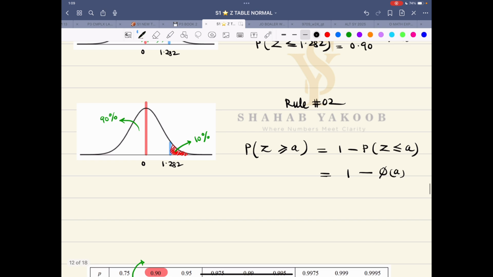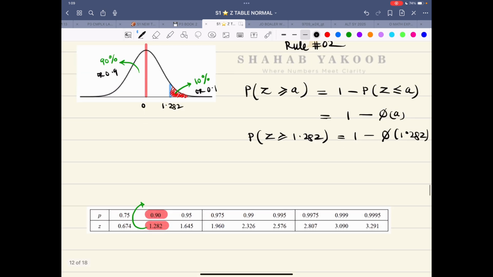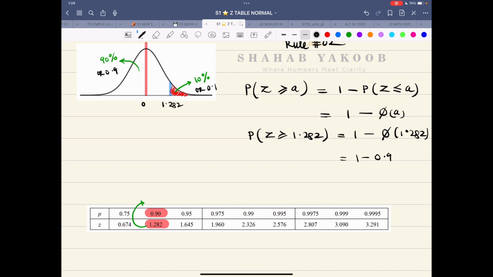All good, all clear? Now we know that 90% is 0.9, 10% is 0.1. So probability z greater than or equal to 1.282 is 1 minus phi of 1.282, which is 1 minus 0.900, which is 0.10 or 10%.